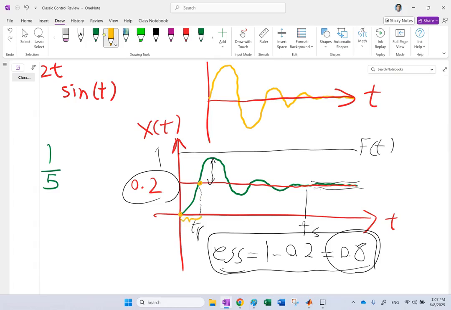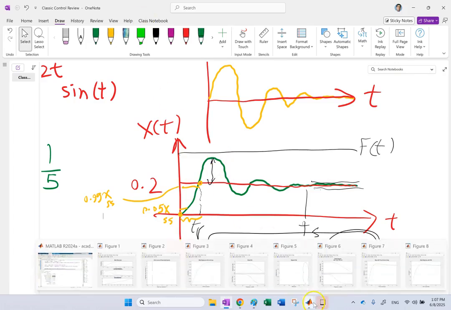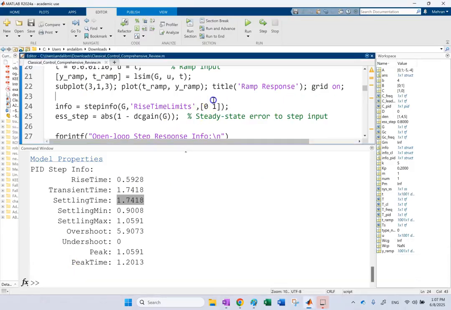In some other textbooks and places, including MATLAB, the default is when it goes from 5% of the steady state value to the 95% of the steady state value. That time is considered the rise time, and that is also the default in MATLAB. So if you want it to go from 0 to 100%, you have to provide these rise time limits.